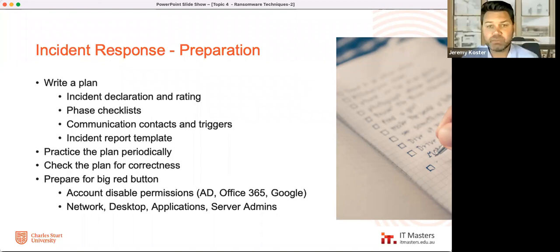Then we have an incident report template, and I've got a structure in one of these slides that will show how to put that through. I will say the incident report is sometimes the most important part of an incident, because it enables the information security team to be able to totally analyze the incident.